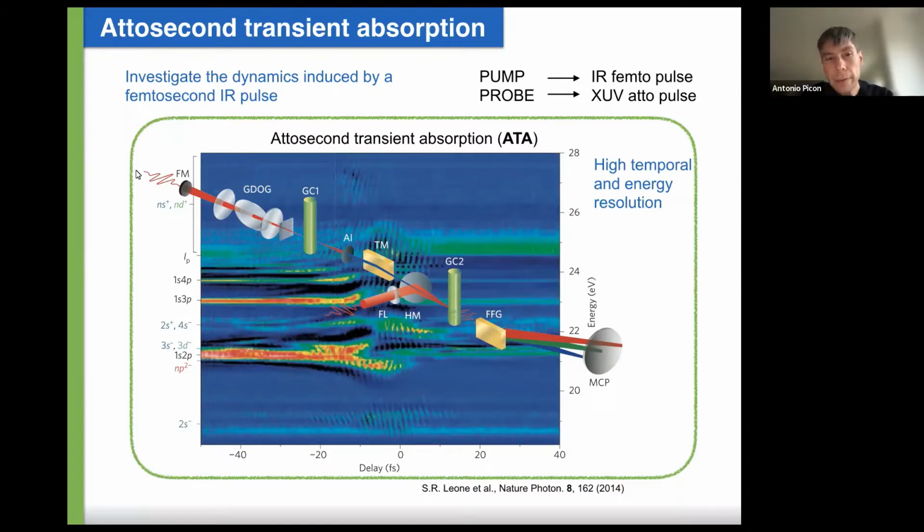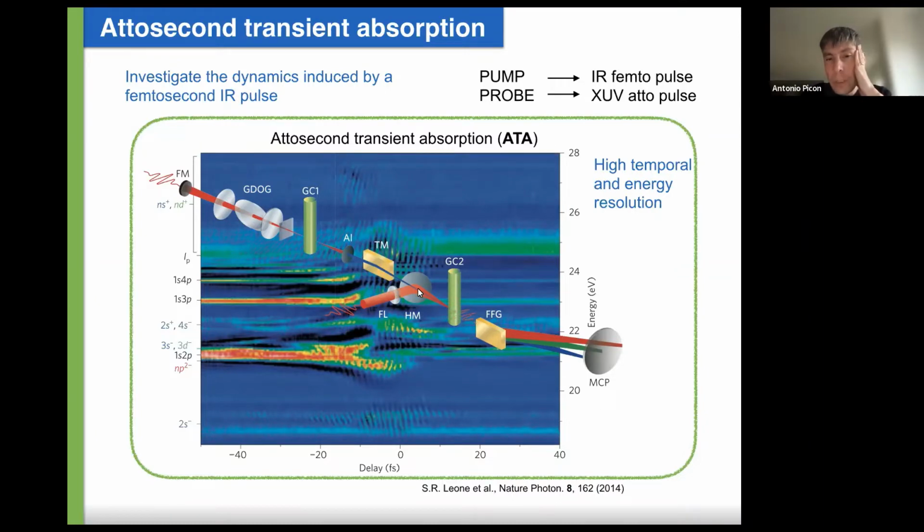In the other line, with the same laser but split, it goes directly to the target that we want to study. So on one side we have the attosecond pulse, and on the other, the infrared pulse that we use to generate the same attosecond pulse. And it has clear advantages because these two lines are synchronized, and it's possible to change the time delay between the two pulses with very good precision.